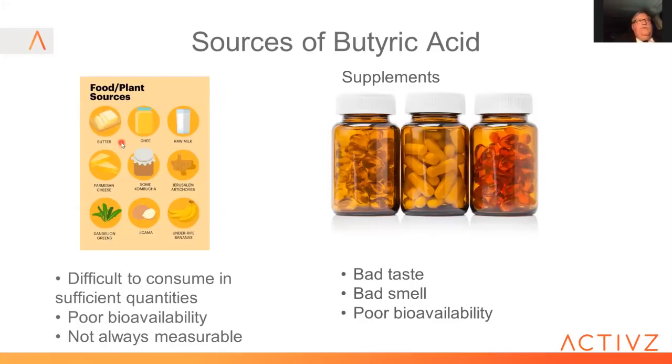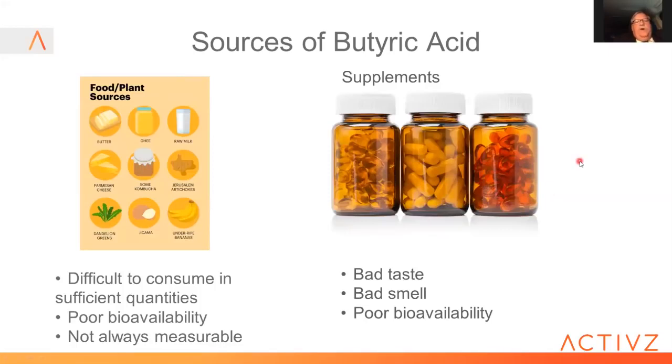In other words, we don't know how much you need to eat of, say, butter, which is a good source of butyric acid, because it's not measurable. We know that we're not receiving enough benefit from eating plants or different foods that have butyric acid associated with them.